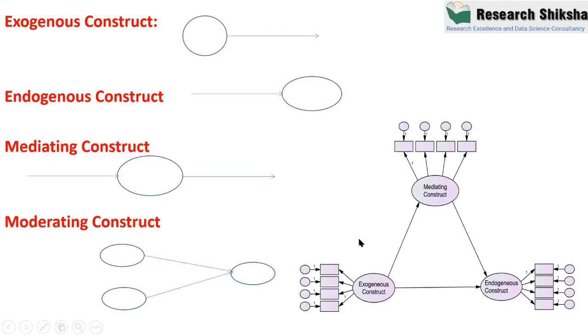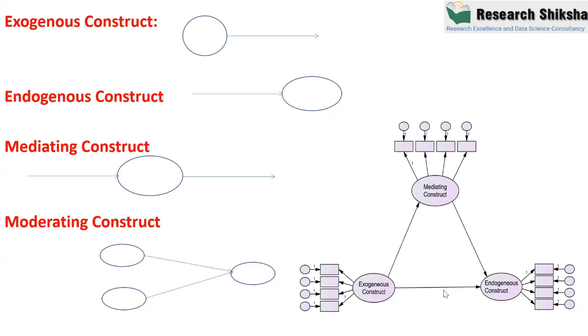And in this simple diagram, we have the endogenous construct, the dependent construct. We have the exogenous construct, and we also have the mediating construct, right? In exogenous constructs, the arrow emerges from it and joins the endogenous construct, and mediating constructs come in between exogenous constructs and endogenous constructs.